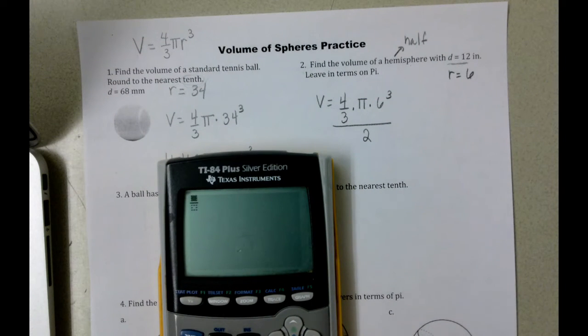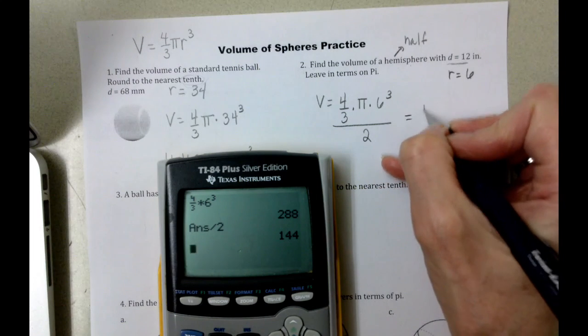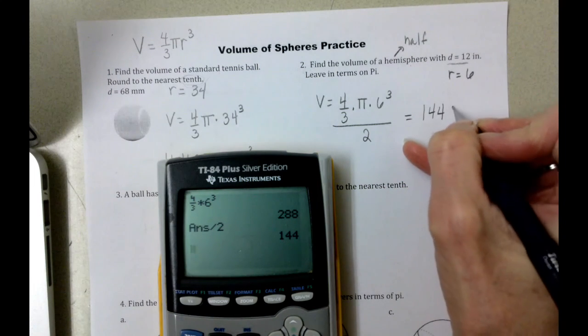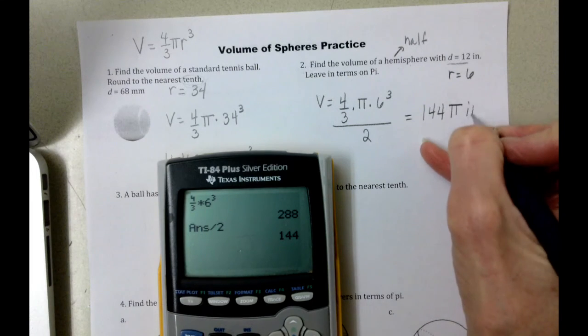We want to leave it in terms of pi, so we're not going to type in the pi this time. 4/3 times 6 cubed here, and I'm going to press enter, although on Desmos we don't really need to, and we get that number, and then we're going to divide by 2, and then what we end up with is 144 pi inches cubed.